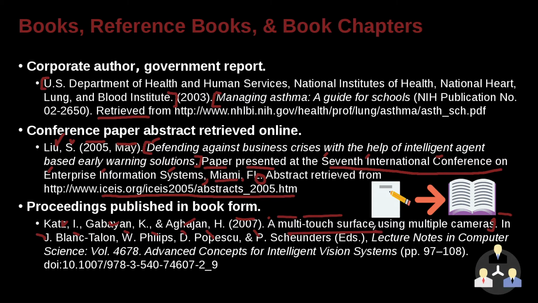Got this wrong. Lecture Notes in Computer Science, volume 4678. Advanced Concepts for Intelligent Systems. So this is part of a larger book, and the larger book is called Advanced Concepts in Intelligent Systems. So we have the smaller piece and then the larger piece, and then the page number for that, and then we have a DOI.